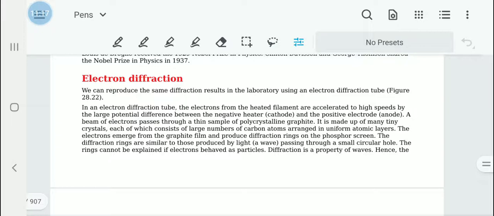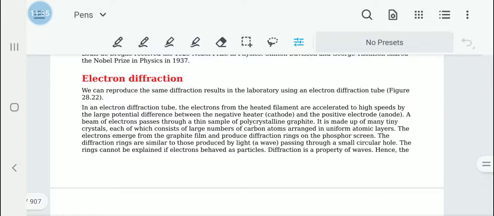Now, electron diffraction. We can show this wave behavior property of an electron using a diffraction tube.